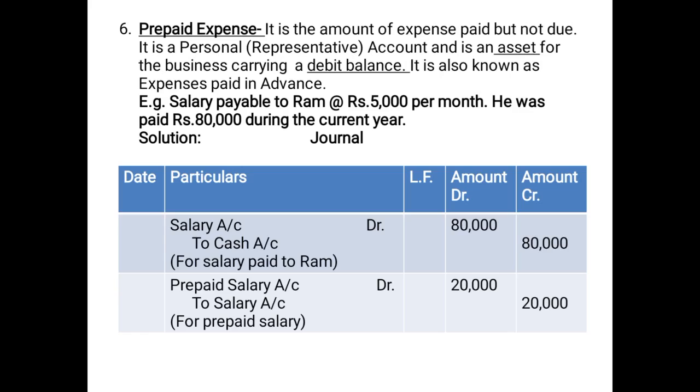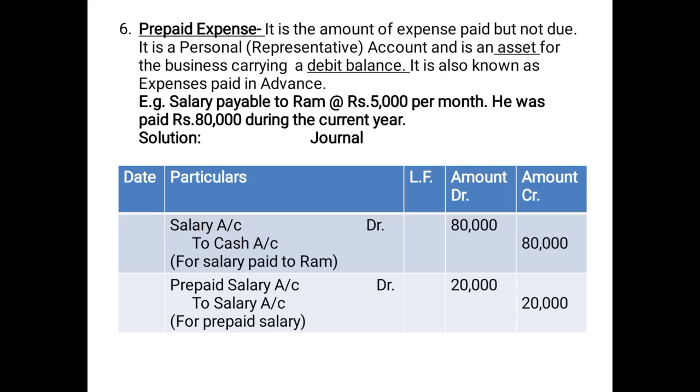So as you can see, it is the amount of expense paid but not due. It is a personal representative account and is an asset for the business carrying a debit balance. It is also known as expenses paid in advance.